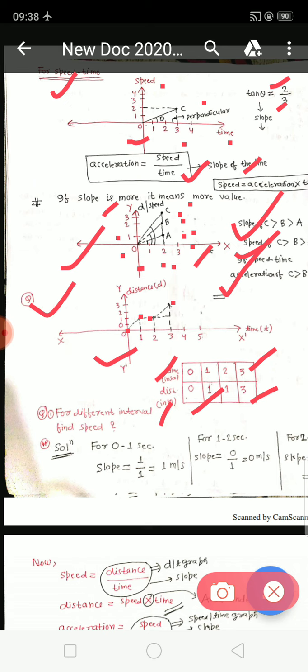Now the question is, what will be the speed in different time intervals. As you know, the time intervals have been divided: 0 to 1 second, 1 to 2 seconds, 2 to 3 seconds, 3 to 4 seconds, and the distance covered by the object is also different. So we need to calculate the speed in different intervals of time, and if they ask for average speed, then what is average speed if it is non-uniform motion?